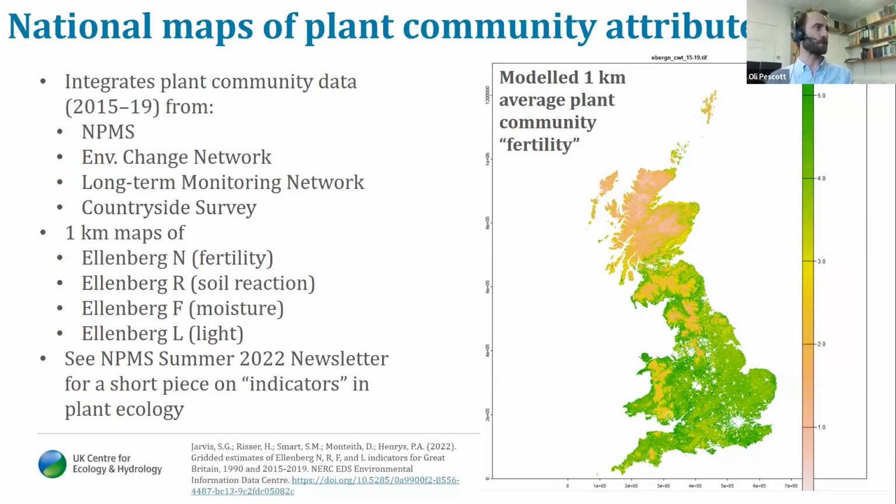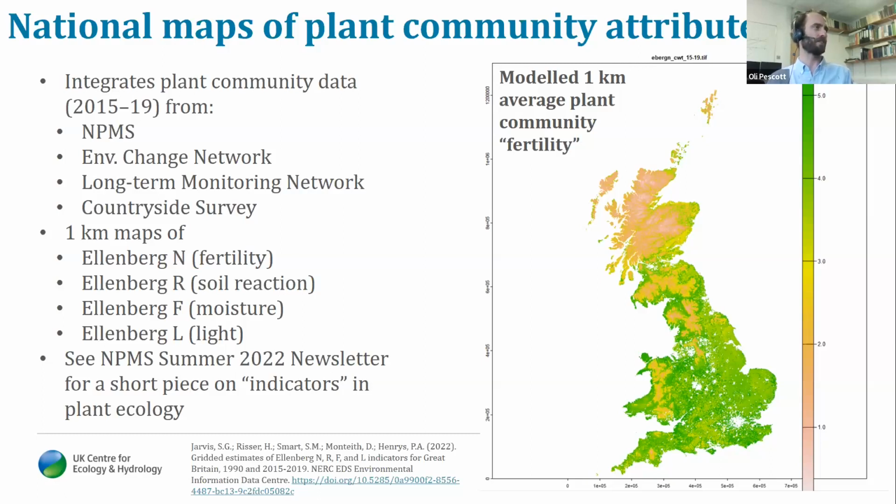To that end, certain plant species have certain metrics associated with them. In the case of these so-called Ellenberg numbers, they're used as indicators of these things that I've listed there: fertility, soil pH, moisture, light. So if you have more species with higher Ellenberg N fertility numbers, typically you have a plot that indicates more fertility. That could be things like nitrogen, phosphorus, but it's also soil moisture, etc. It's not just about nitrogen, which people often take N to mean.